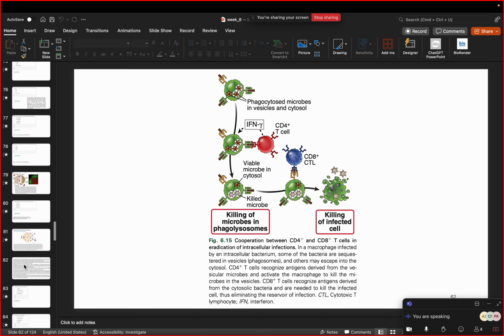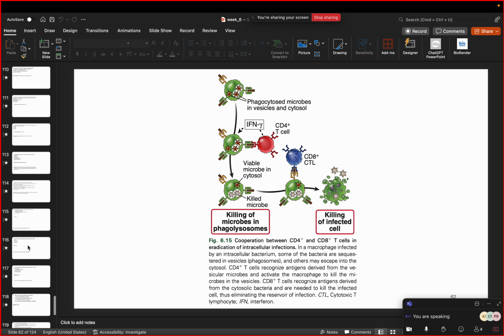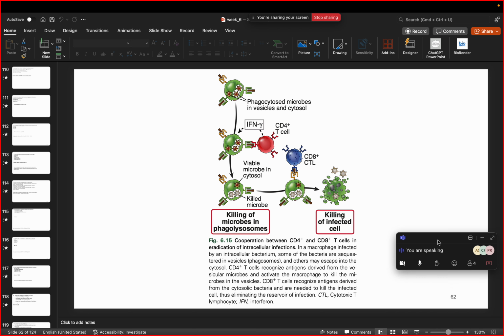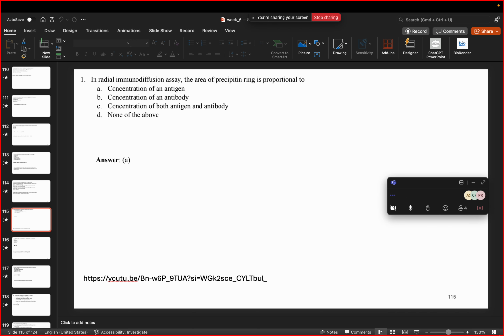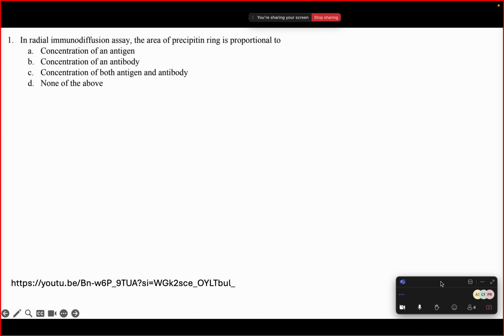Okay, so this is the theory part for today. Now we're gonna switch gears a little bit to the tools and techniques which was discussed in week 6.